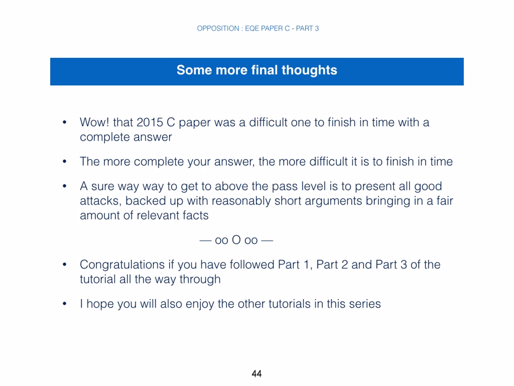My personal remark is that the 2015 paper was a difficult one to finish in time with a complete answer. The more complete your answer, the more difficult it is to finish in time.